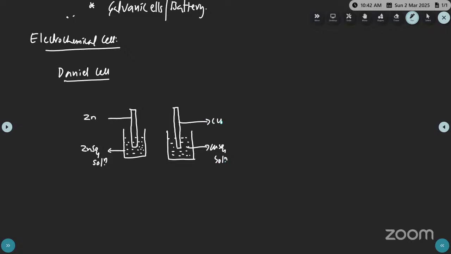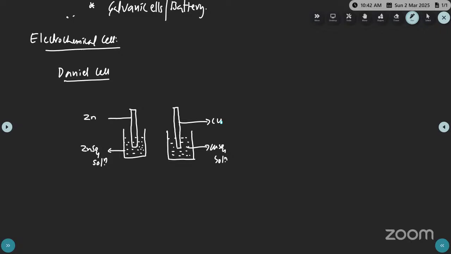Here the zinc metal is dipped in its solution, that is, zinc sulfate solution, and the copper in copper sulfate solution. In the zinc sulfate solution, zinc ions and sulfate ions are present, and in the copper sulfate solution, copper ions and sulfate ions are present.